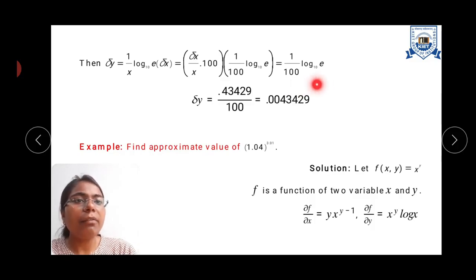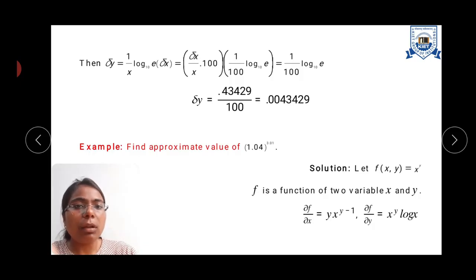And what is the value of log e base 10? Its value is equal to 0.43429. So del y is equal to 0.43429 divided by 100. It means its value is equal to 0.0043429.